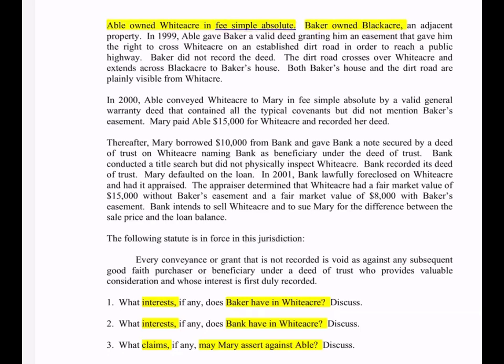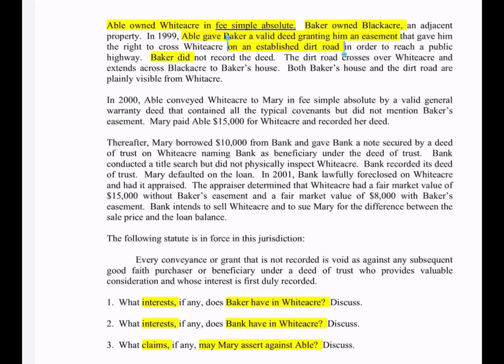And if I have to make a choice, I'm going to focus on discussing the meaning of easements, the kinds of easements, and how they were created, rather than discussing fee simple absolute, because easements are at the core of this hypothetical. Why are they telling me on an established dirt road?